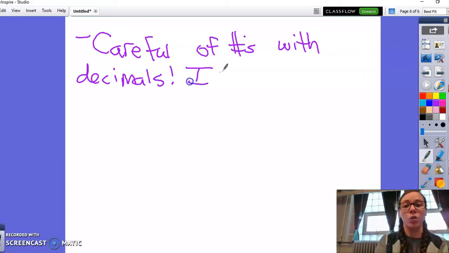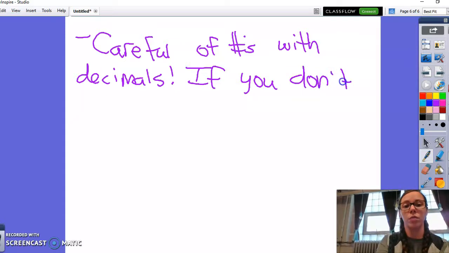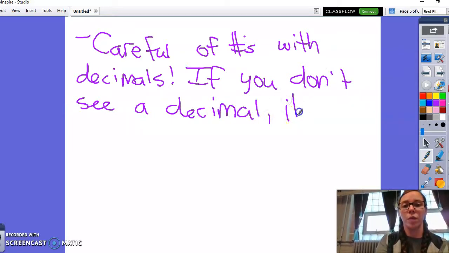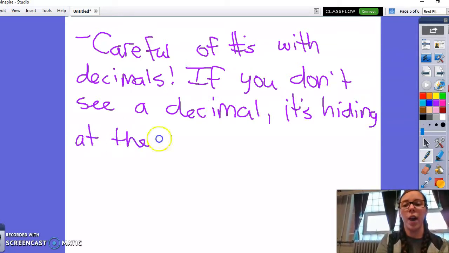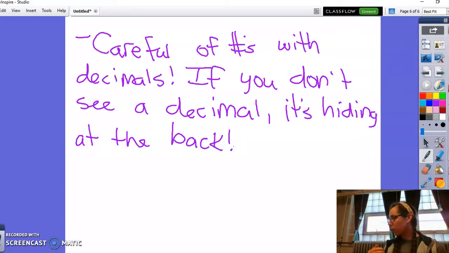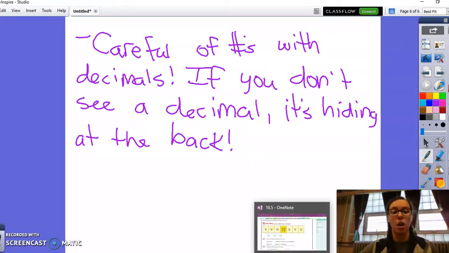If you don't see a decimal, it's hiding at the back. That's really important to remember because some of our problems today will have that happen.